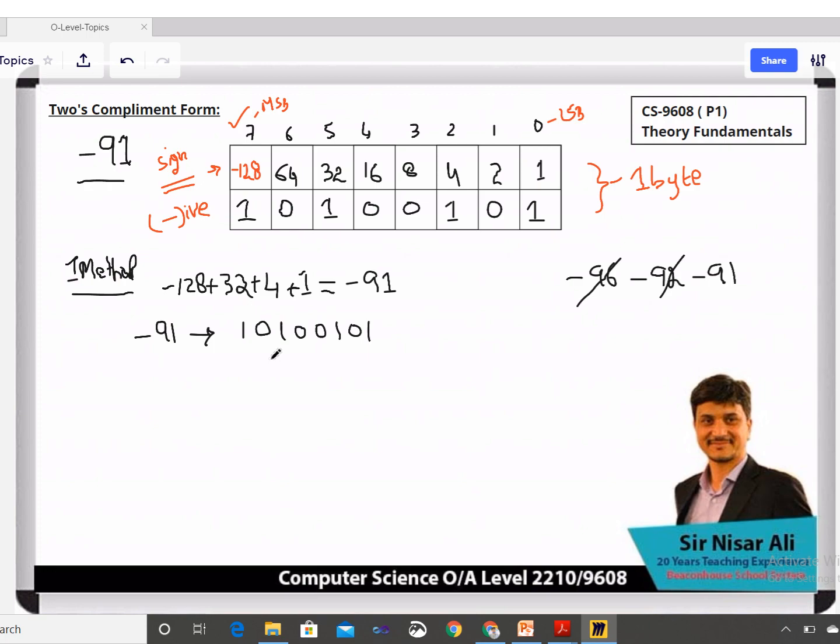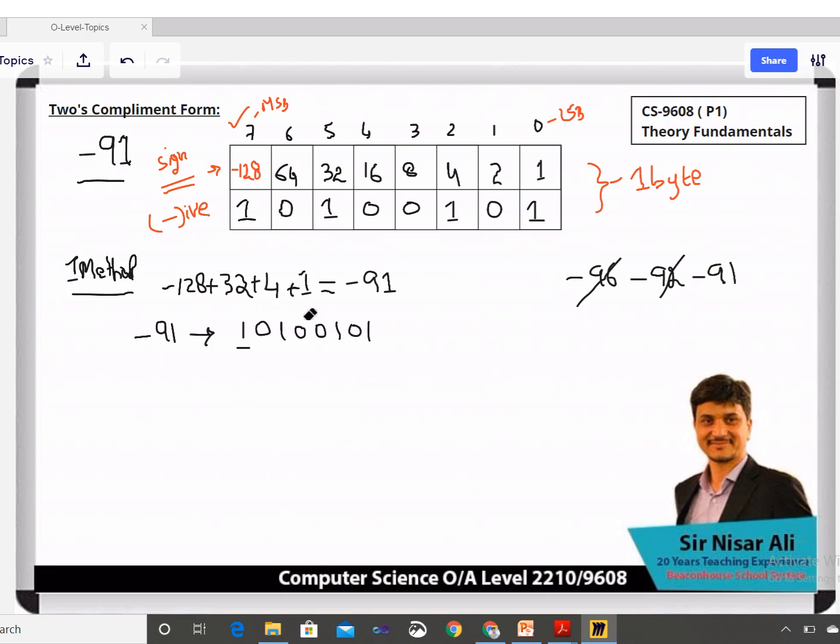So this is the number minus 91, and in this number you can see that we have 8 bits, 1 2 3 4 5 6 7 8, and this 8th bit, the most significant bit, is 1. In all negative numbers, you should know that the most significant bit, the 7th or the 8th bit, should always be 1. This shows that this is a negative number.